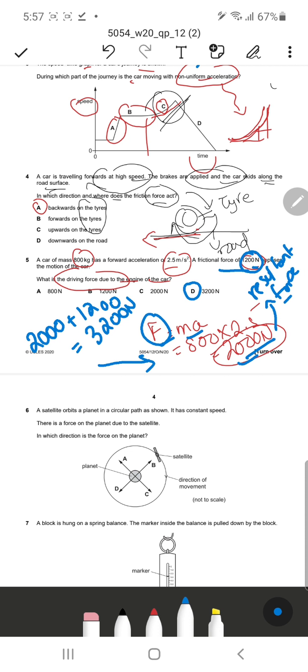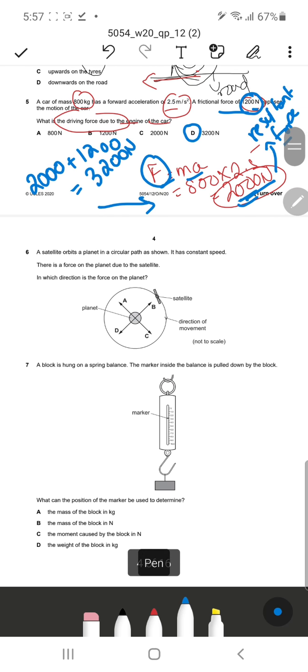So 3200 minus 1200 gives us this 2000, which is our resultant in the forward direction. But we are not just looking for the resultant in the forward direction, we are looking for the net or the total force in the forward direction. So we need to add this 1200 because it needs to overcome this 1200. So by adding this 1200 we get 3200 newtons.